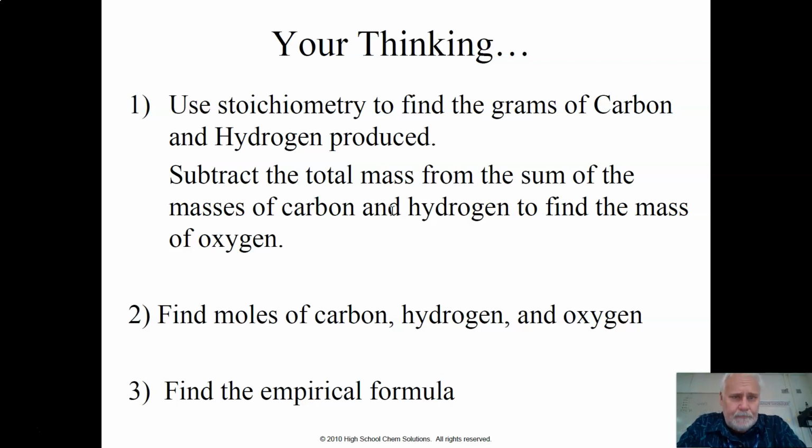All right? So if you think about it, we can convert into grams of carbon and hydrogen based on looking at the stoichiometry, and then we can convert those into moles.